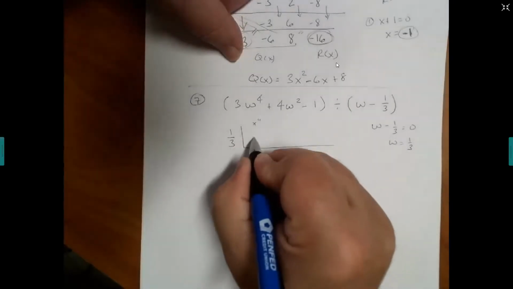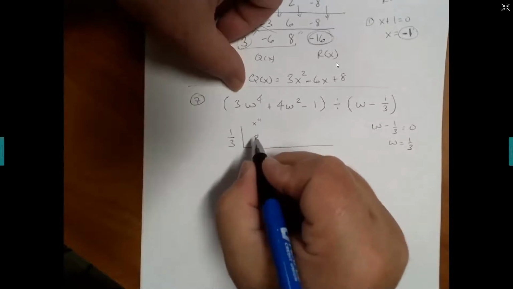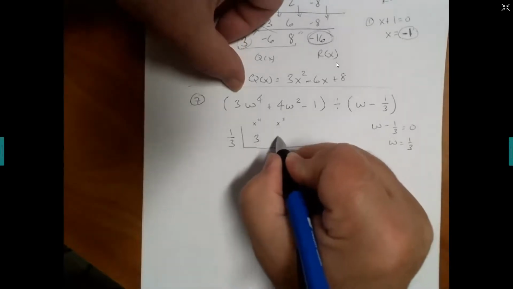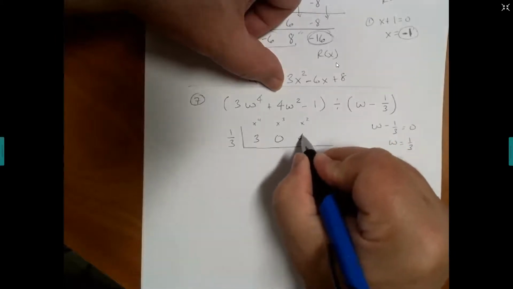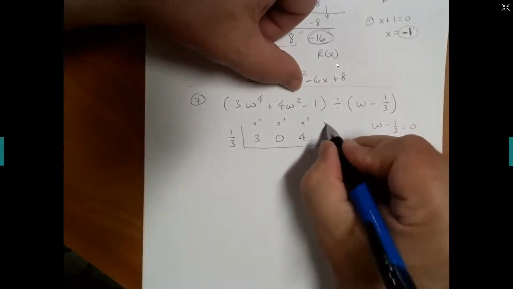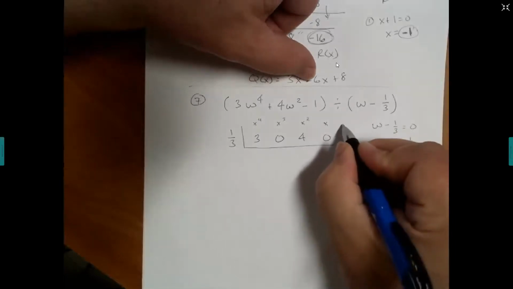So x to the 4th is 3, the coefficient. X cubed is 0. X squared is 4. X, there is none. And then your constant.